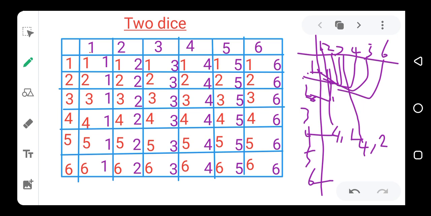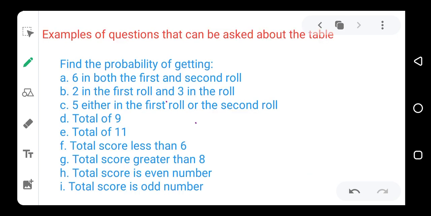Now the questions they can ask us from the probability table of rolling a die or dice include this. We may be asked to find the probability of getting 6 in the first row and 6 in the second row.